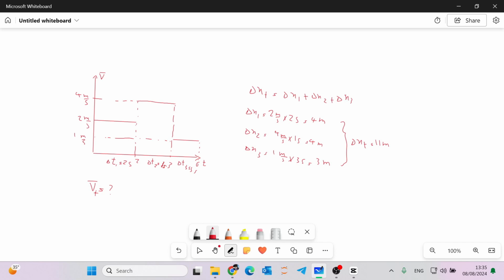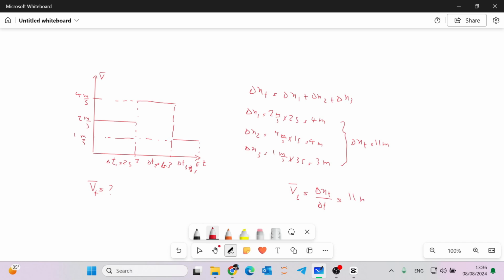Now I'm going to calculate v bar total, which is delta x total over delta t, the total time it takes. That is 3 seconds, plus this 1 second, plus this 2 seconds.